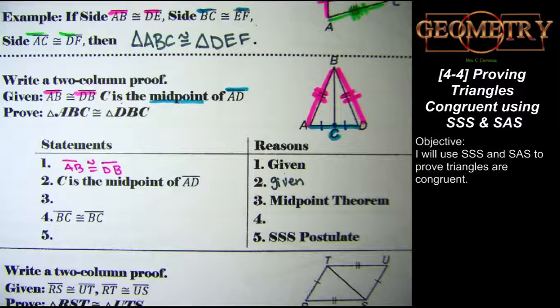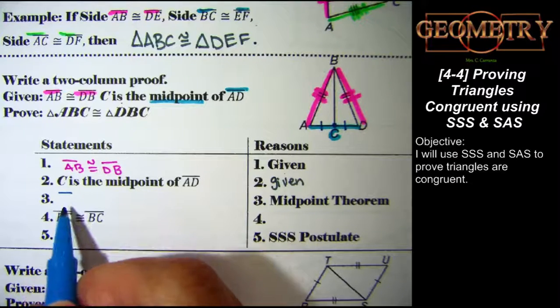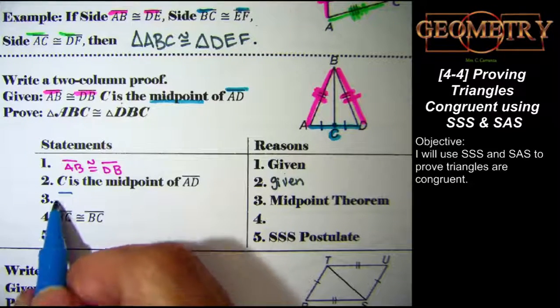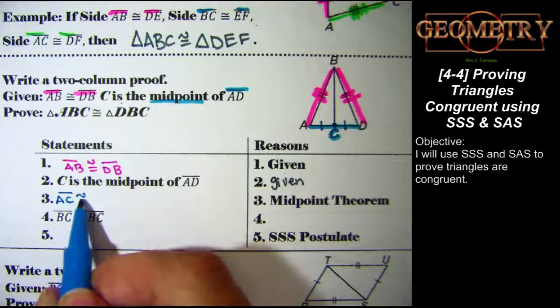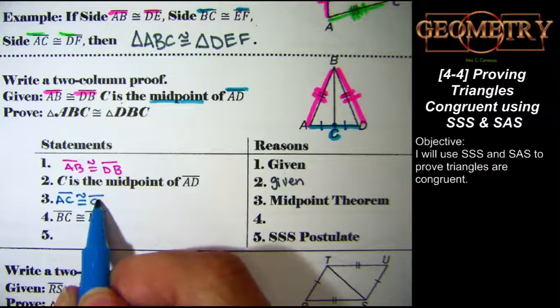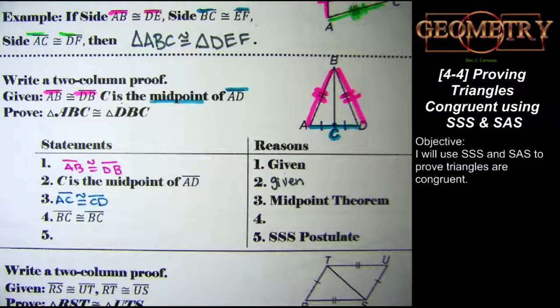Because C is the midpoint, it means that point is in the very center of that line segment. When something's in the very center, the two pieces on either side of the center are the same size. They're congruent. So a midpoint can be a bisector? It is. A midpoint is indeed, can be considered a bisector. Yes. And so we can write that statement.